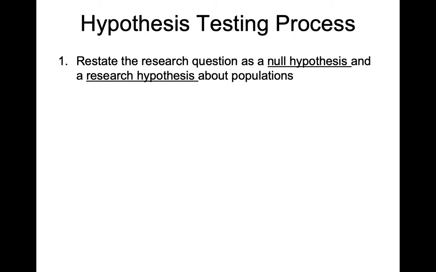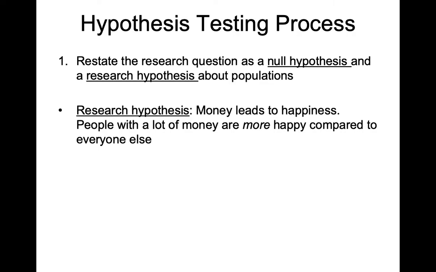We're interested in making inferences about people in general, so we're going to do a study that involves a sample, but ultimately we're making predictions about what happens in general among populations. Okay, so our research hypothesis is that money leads to happiness. People with a lot of money are more happy compared to everyone else.